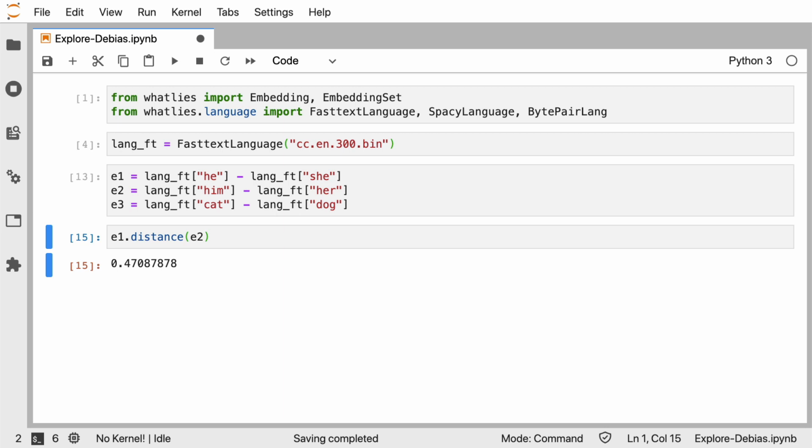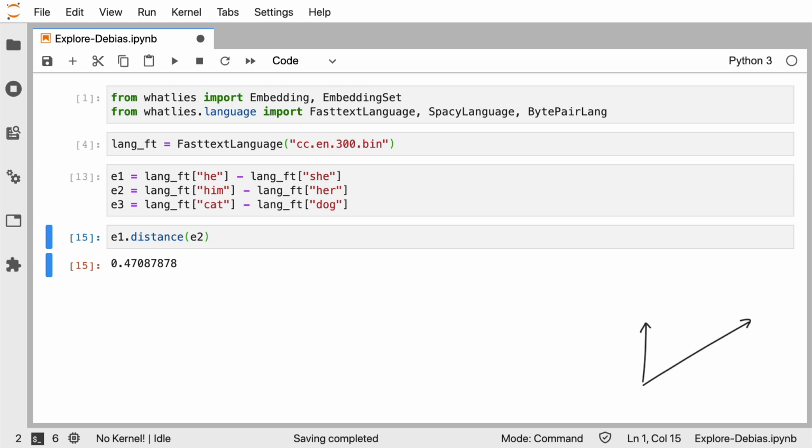And what we can see here is that the distance from embedding 1 and 2 is not too big. So just as a reminder, if you have two vectors, the cosine distance doesn't measure this distance over here. It doesn't measure how far the arrowheads are apart.